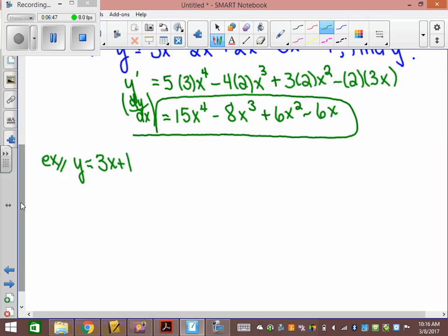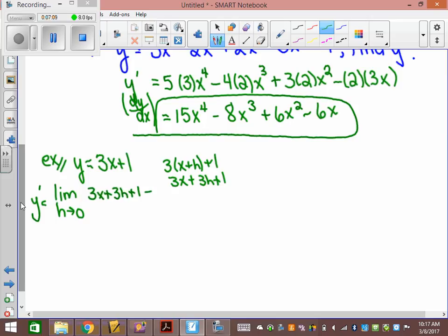Doesn't matter. So we're going to get y prime equals the limit as h approaches 0, and I'd fill in x plus h, right? So I'd get 3(x plus h) plus 1, so it would be 3x plus 3h plus 1, minus (3x plus 1), all over h.